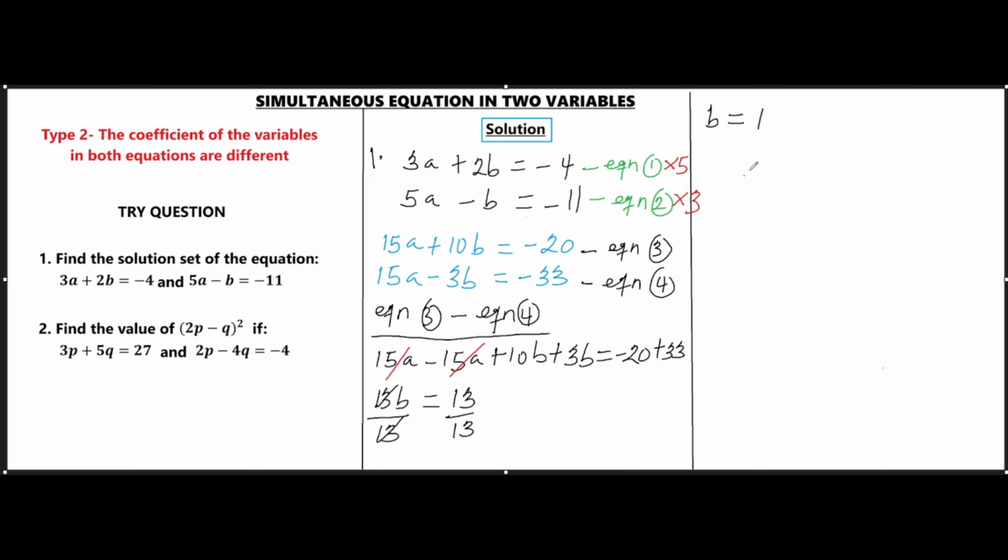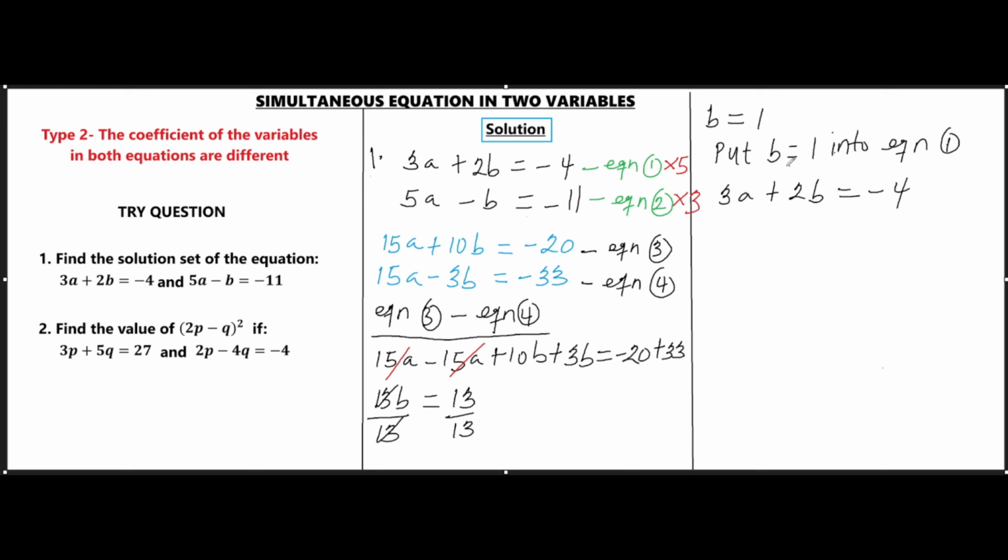So how do we solve for a? We have to put b is equal to 1 into any of the 4 equations. So I'm selecting equation 1. Equation 1, we have 3a plus 2b equal to minus 4.